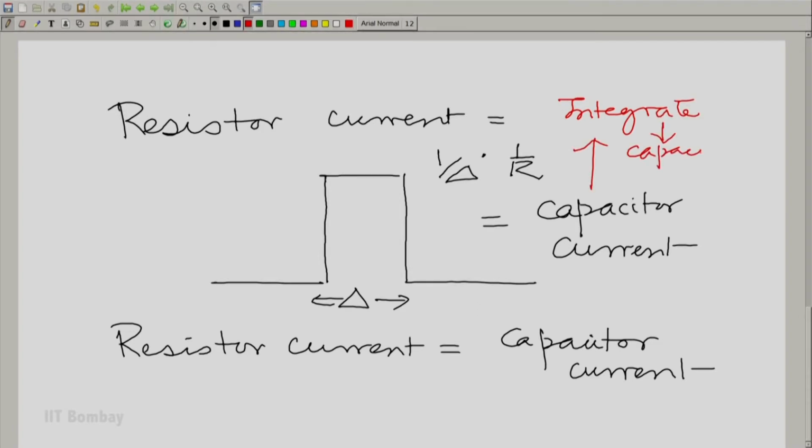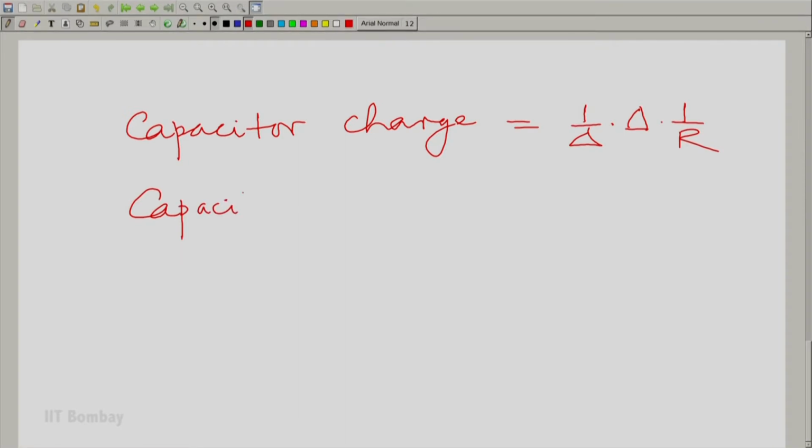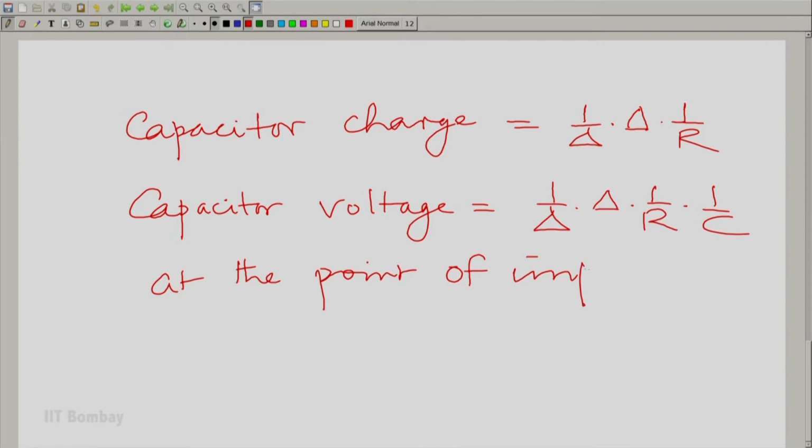Integrating, it gives you the capacitor charge. So, the conclusion is that the capacitor charge is essentially the area captured here, 1 by delta into delta divided by R. And therefore, the capacitor voltage jumps to 1 by delta times delta into 1 by R divided by the capacitance at the point of the impulse.